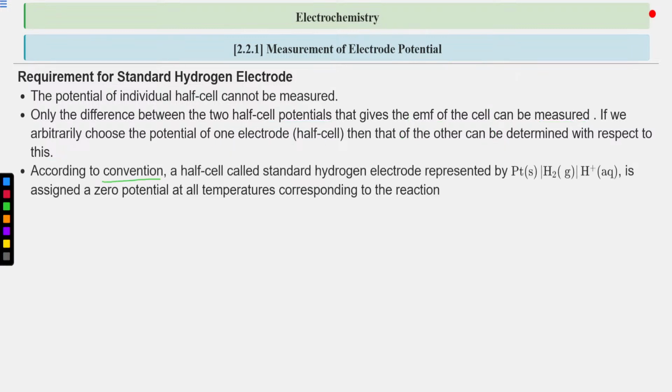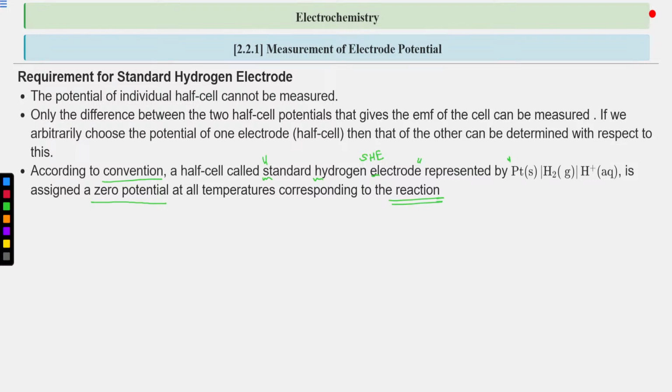And according to the convention, a half cell, which is called the standard hydrogen electrode, or SHE, represented by platinum, H2, H positive, is assigned a zero potential at all temperatures corresponding to the reaction.